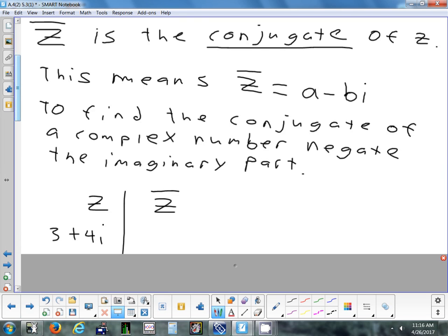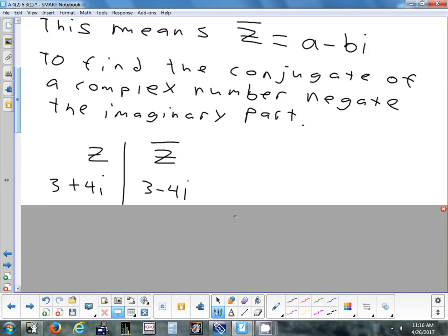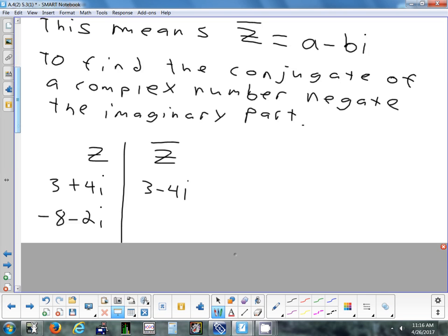So I've got a table, and I've got some regular complex numbers on the left, and then on the right, I want to write the conjugates. All right, so if 3 plus 4i was my complex number, what would be the conjugate of 3 plus 4i? Maybe 3 minus 4i. Yep. That's the conjugate. How about if I had negative 8 minus 2i?